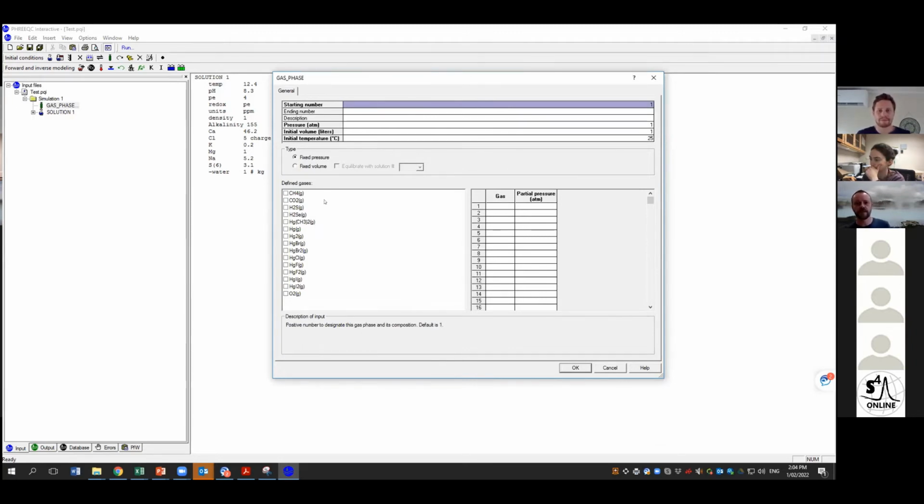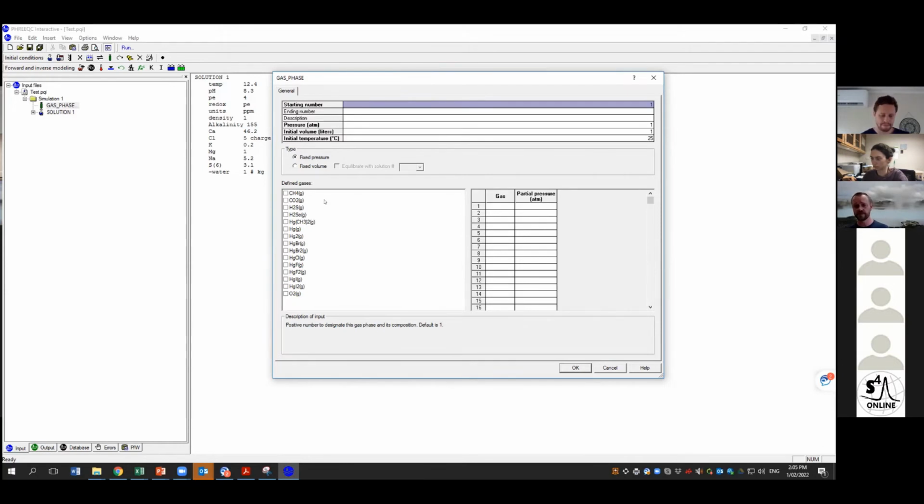Now, the databases aren't something I've discussed at this point, but just to know that PHREEQC is using a reference database for all of the thermodynamic constants that are used in the modeling. We just give it data on what's in the water or what's in the air, but it uses a whole bunch of other data and constants for these equilibrium calculations, and they exist in the database.